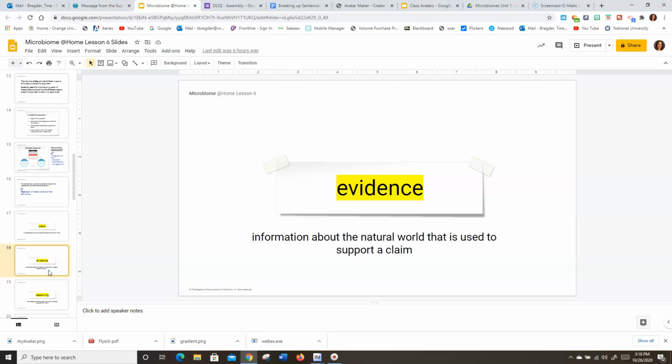Evidence. So we need to support our claim with evidence. So evidence is information about the natural world that is used to support a claim. So it's data, basically.